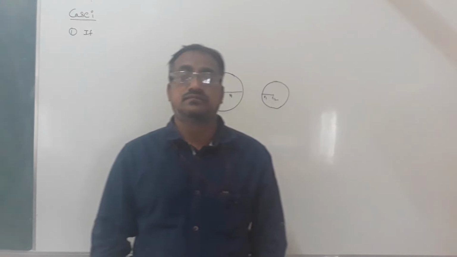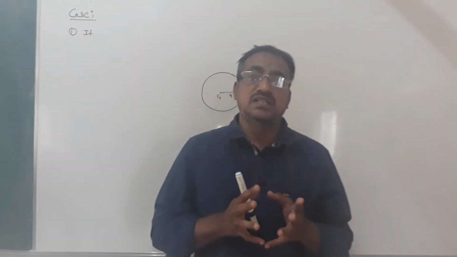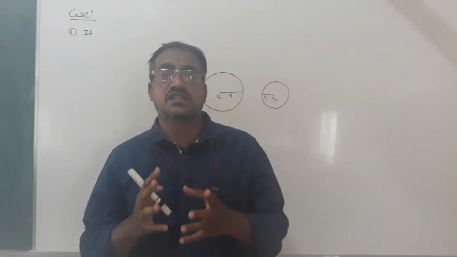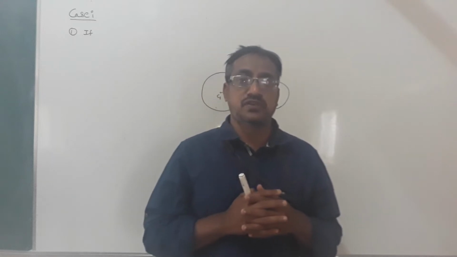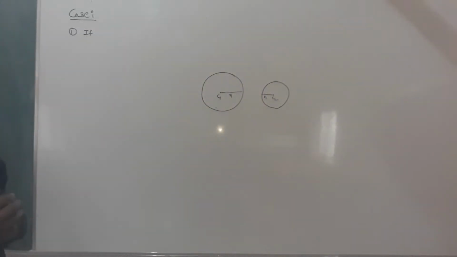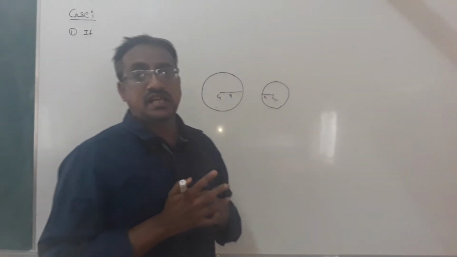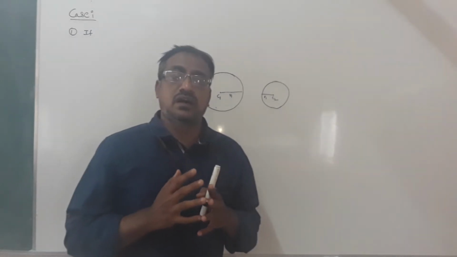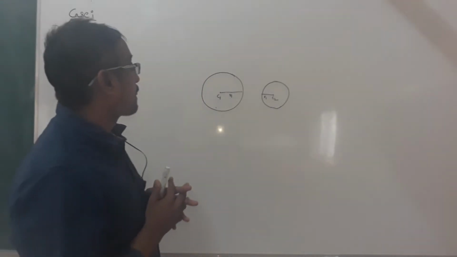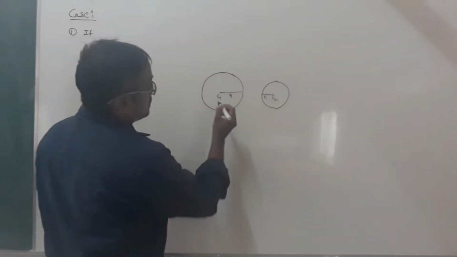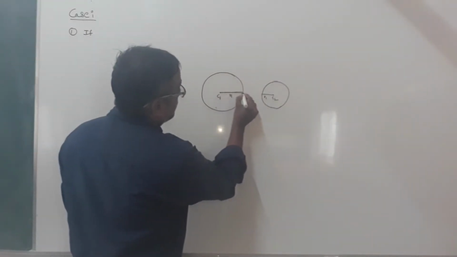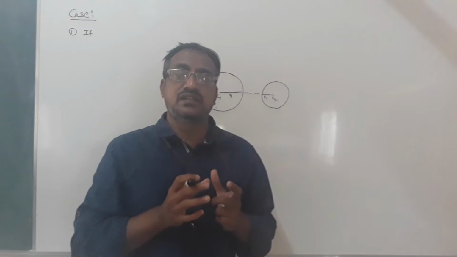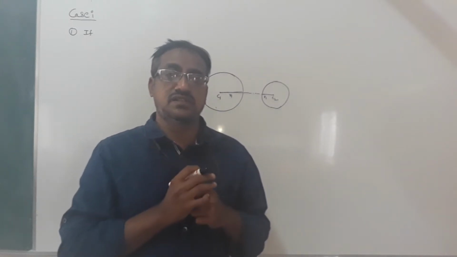Now, case 1, that is, one circle lies entirely outside the other. So we are going to discuss this relative position. Now you can observe these circles S and S dash with their centers C1, C2 and radii R1, R2 respectively. Let us consider the length of the line segment joining C1 and C2, that is C1C2.